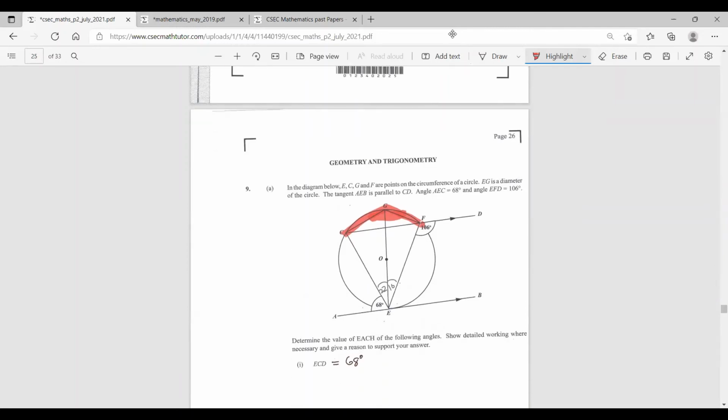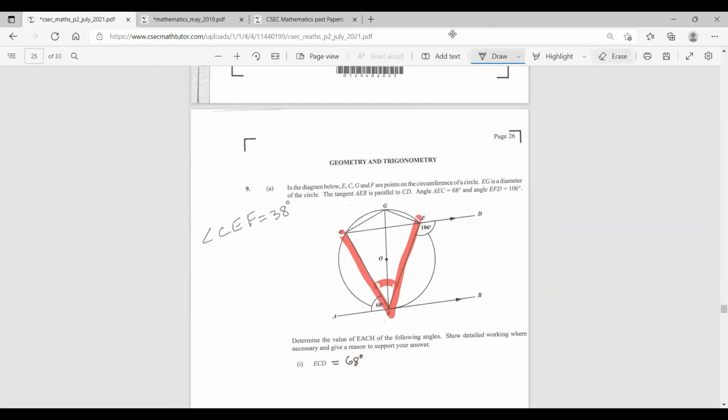So if the question asks you what is angle CEF, where would that be? C to E, E to F, which would be this entire thing. And we know that would have been how much? 38, from the 22 and the 16.